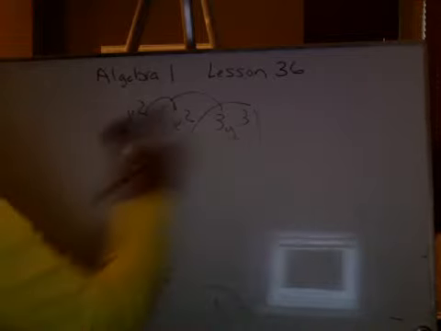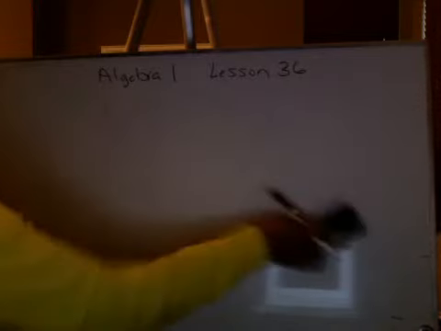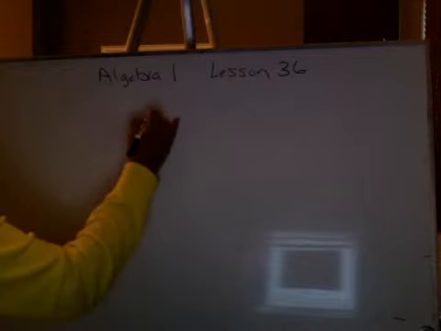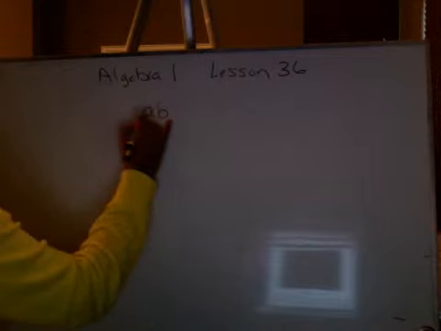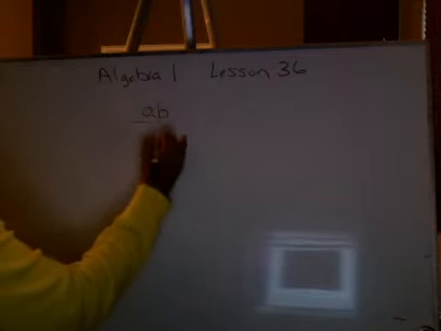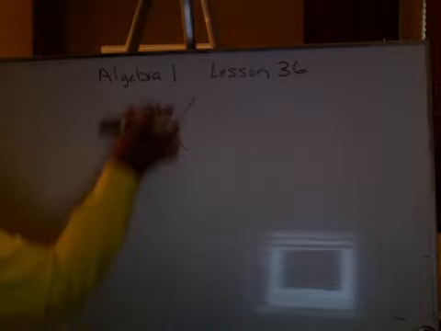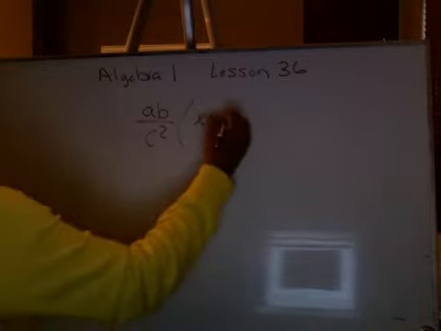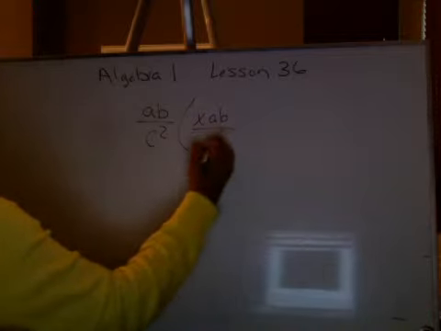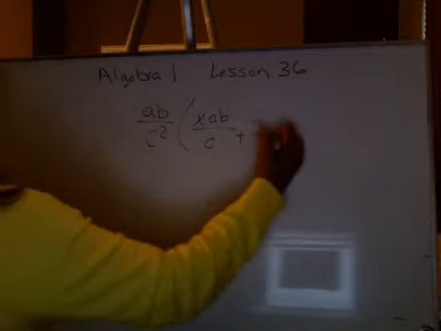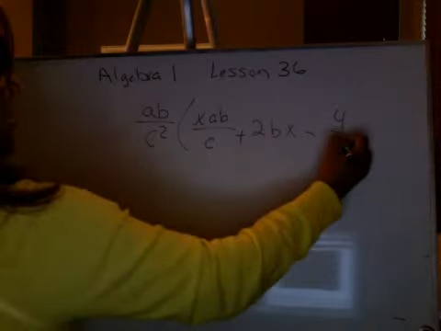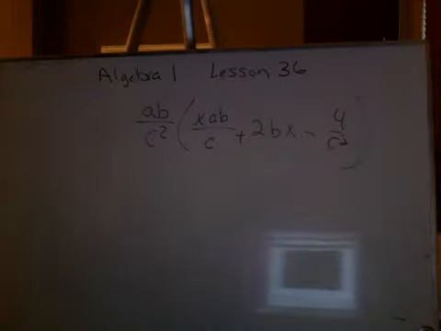Let's look at another one. Let's look at example 36.3. So we're going to take ab all over c squared times, it's still a fraction. Just because you have letters, it's still a fraction. The expression is axb over c plus 2bx minus 4 over c squared. Again, we must distribute.